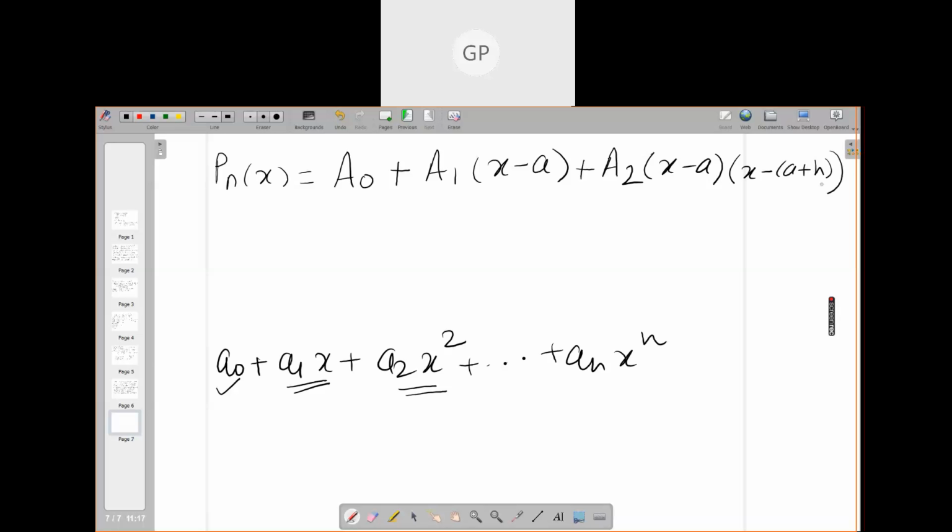Do you understand this? Girls, I want an answer. See, you have x0, x1. Instead of x0, x1, I will call them a and a plus h. Suppose I have only these two values. So what should be the degree of the polynomial using these two values?